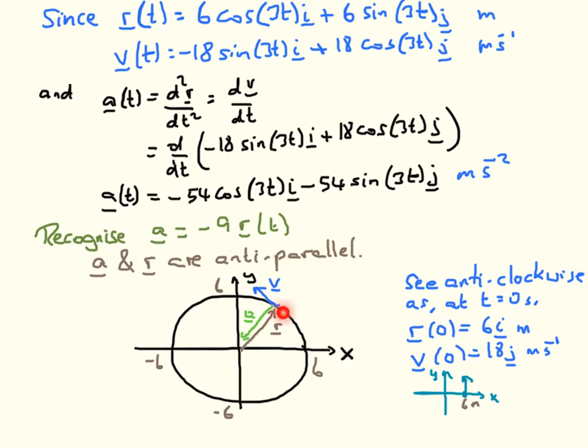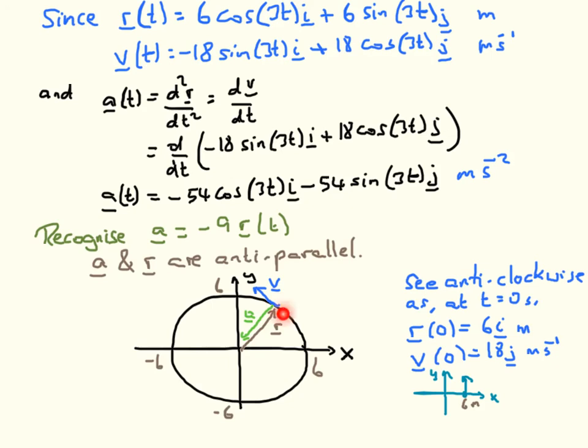And that makes sense because acceleration is proportional to force through F is ma, and the force vector for circular motion is pulling you always, accelerating you always towards the origin.